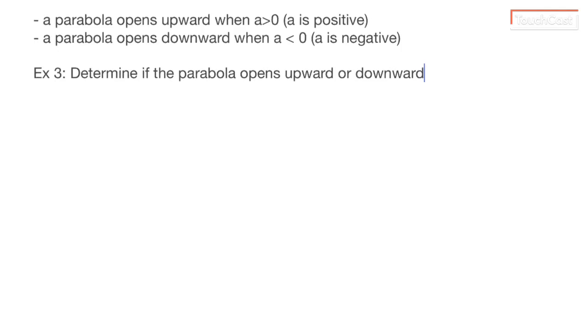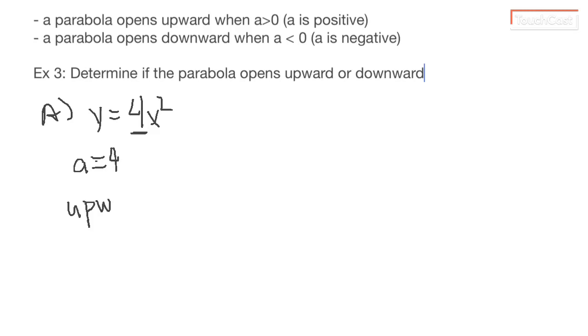So first, equation A, I have y equals 4x squared. So this number in front of x squared, that's a. If that number is positive, like this 4, since a equals 4, that means the parabola opens upward. If that was a negative 4, then it would open downward.